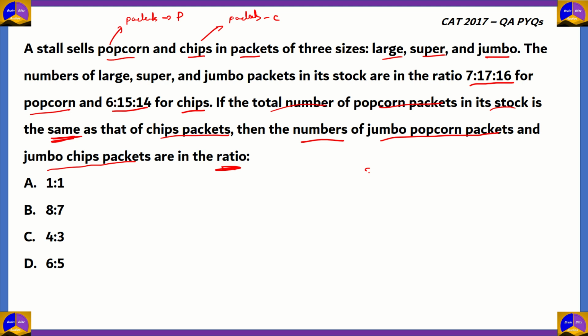And now we can make a table for the packets based on their size and what they hold. So we have 3 columns: size, popcorn, and chips. So the first one would be large.